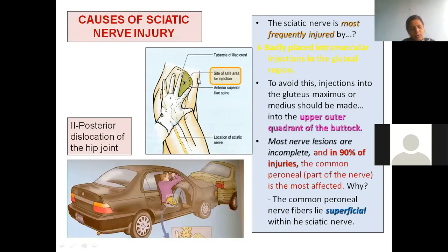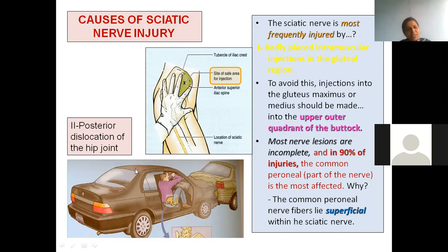When I show you the gluteal muscles, I will show you. Basically, in the gluteal region we have four quadrants. We have to choose the upper and outer quadrant to give intramuscular injections. If we choose any other quadrant, the risk of damaging this nerve becomes more. So the upper outer quadrant of the buttock we have to choose to avoid injury to the sciatic nerve.